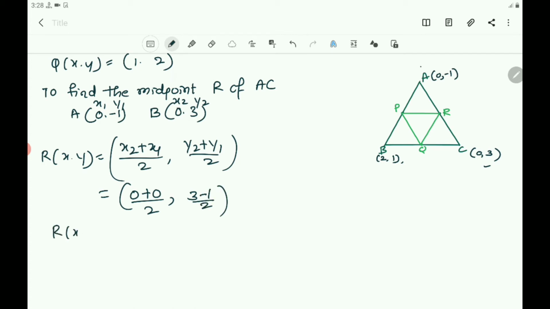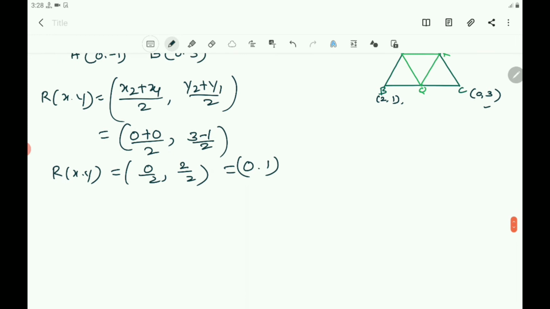So R of xy equals 0 by 2, 3 minus 1 is 2 by 2, that equals 0, 1. 0, 1 you got.